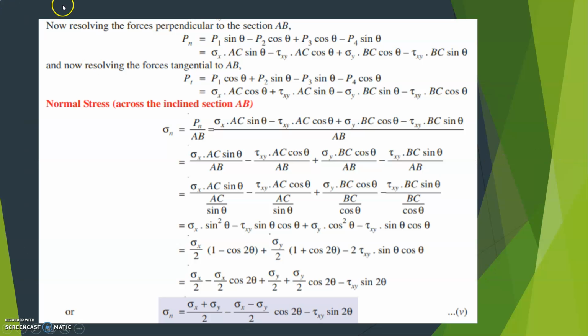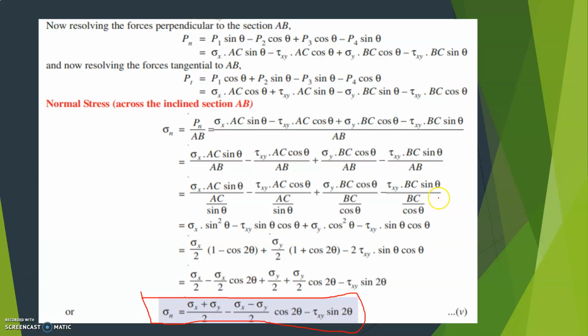After that you have to derive this, substitute all these values, and you will get the final normal stress, sigma n, equal to (sigma x plus sigma y) divided by 2, minus (sigma x minus sigma y) divided by 2 into cos 2 theta, minus tau xy sin 2 theta. This final formula you remember.